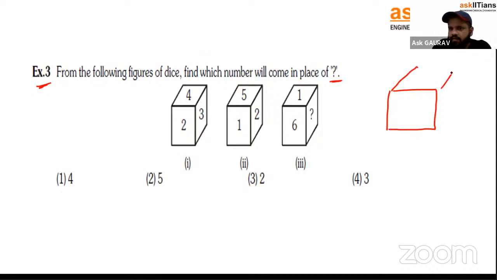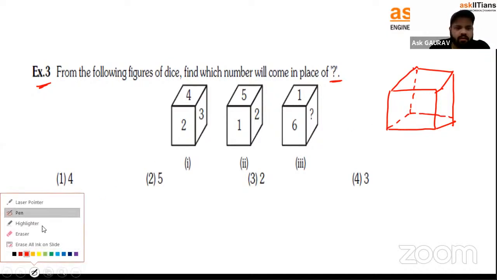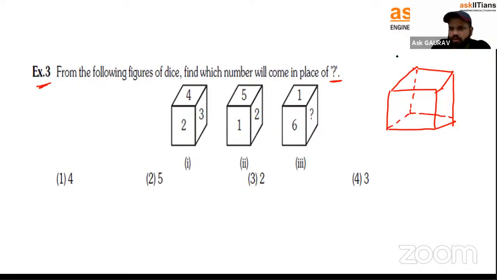First, make a die. 1 is at the top, 6 is at the front. Just tell me what will be at the bottom. If 1 is at the top, then what will be at the bottom? Basically, what will be opposite to 1?